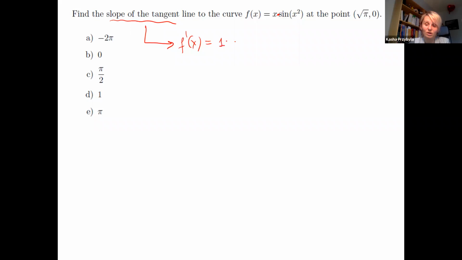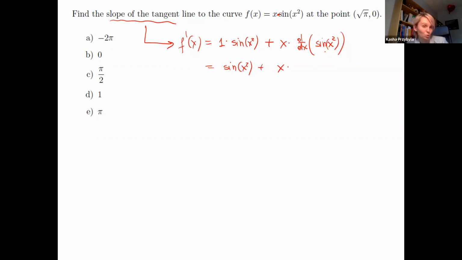The derivative of x is 1 times the second function, plus x times the derivative of the second function. Let me use this notation. First of all, we should note that sine is not squared. The angle is defined as x squared. Okay, I will copy this.